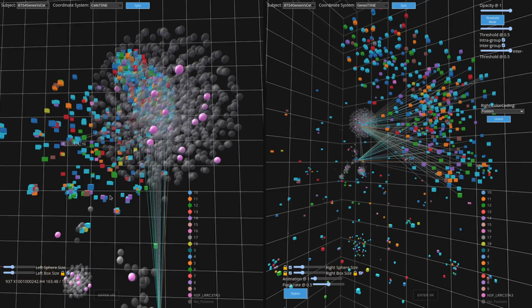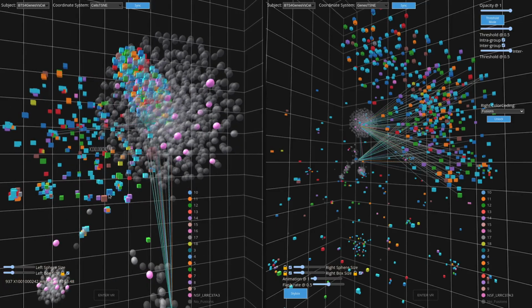And then the other colors are the WGCNA analysis modules for the genes, which are represented as these cubes.